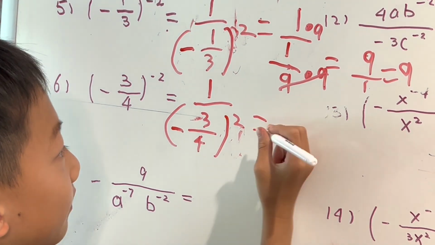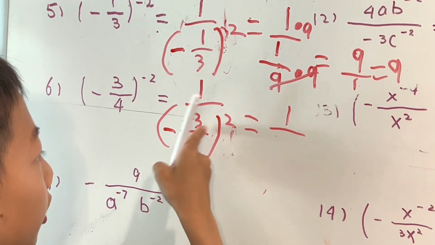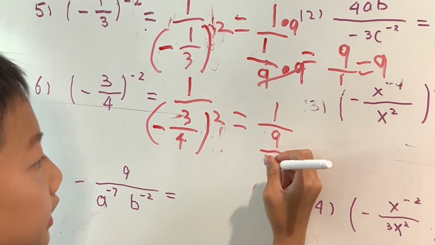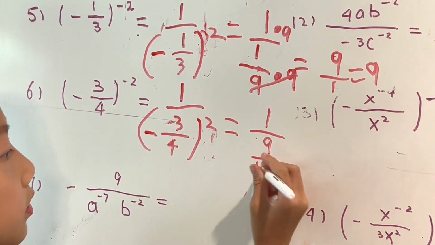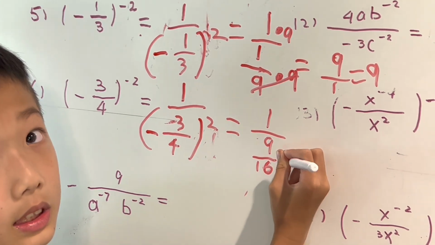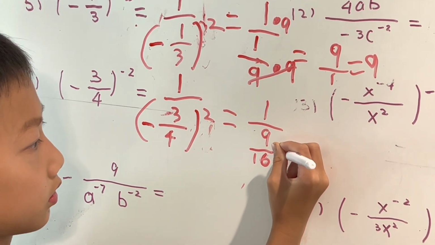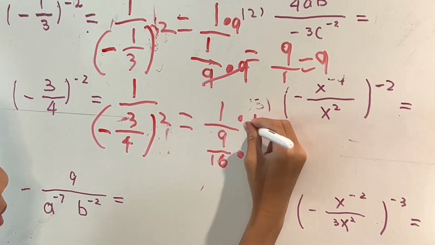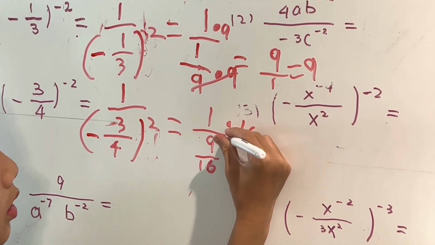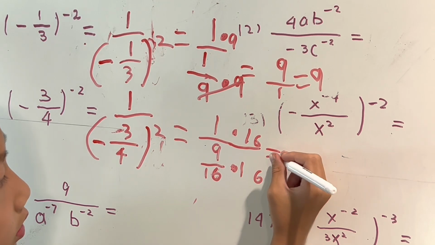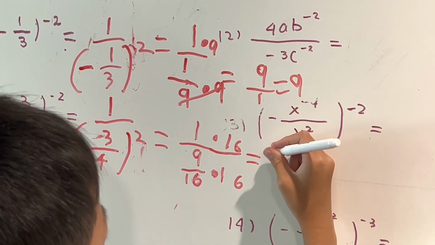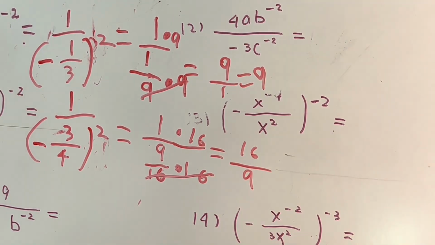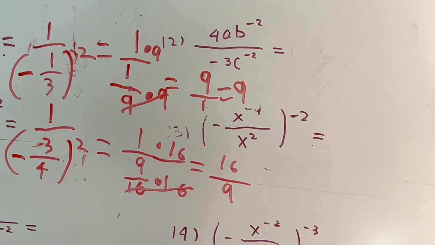Equals 1 over, so positive. So 3 squared is 9, 4 squared is 16. Multiply by 16, times 16 up here. Equals, cross, 16 over 9. I can't make this more exact, so just leave it.